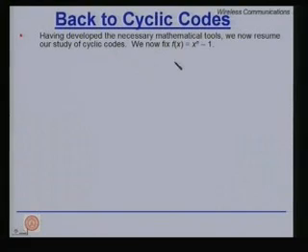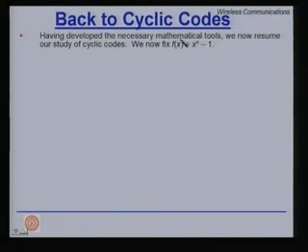So, now after this brief mathematical detour, let us go back to cyclic codes and see how this arithmetic with polynomials can help us construct cyclic codes. Now, let us fix for a change f(x), the polynomial with which we divide, as x raised to n minus 1.